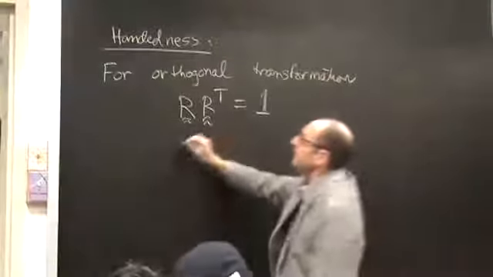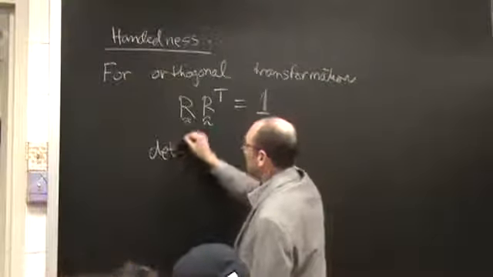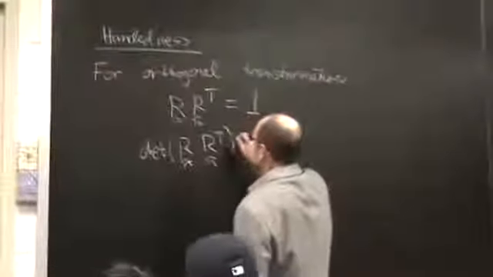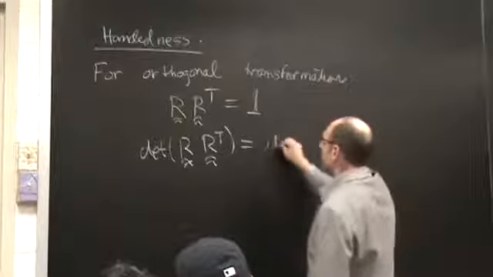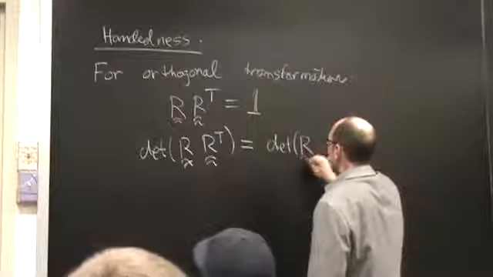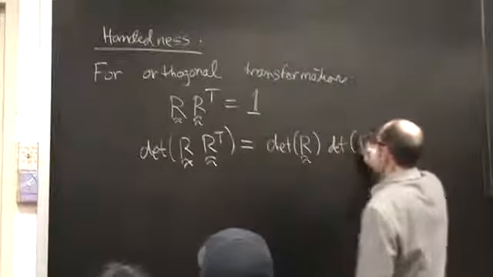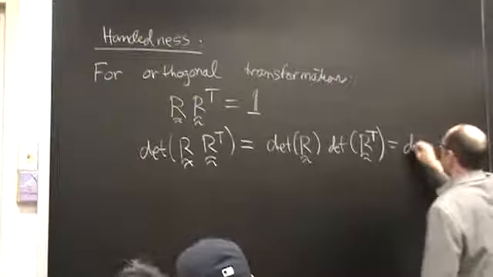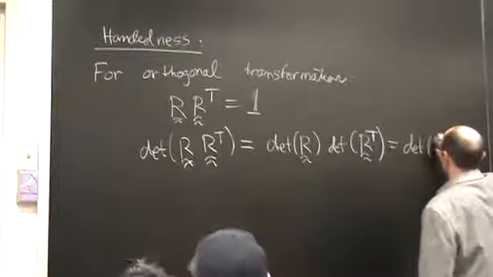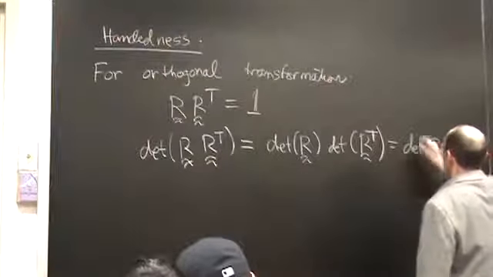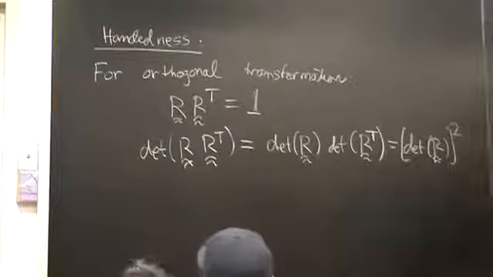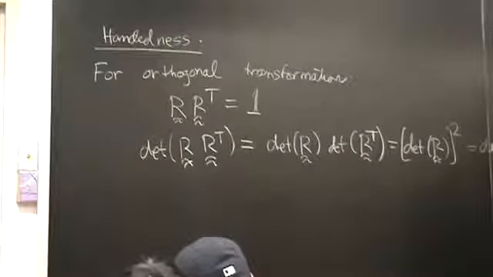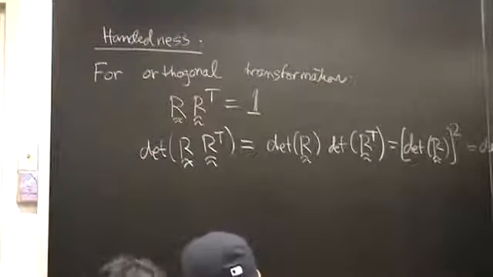And if I take the determinant of each side of this equation, well, the determinant of a product is the product of the determinants. And the determinant of the transpose of a matrix is equal to itself. So therefore, the square of the determinant of R is equal to the determinant of the identity, which is the product of its diagonal elements, which is 1.